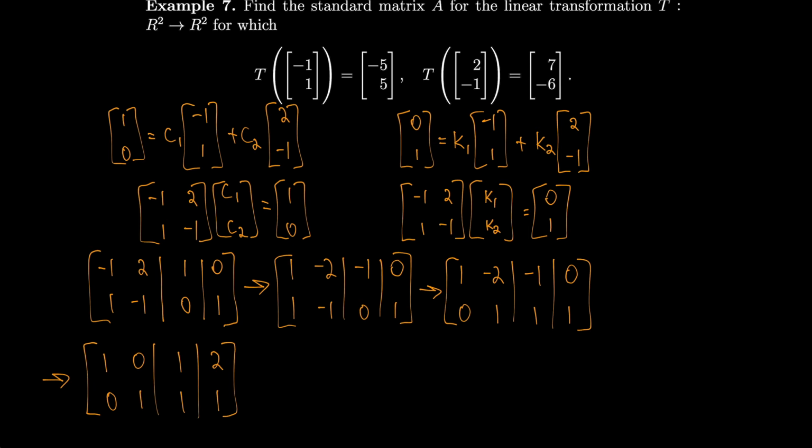So the left is the identity, so it looks like we have C1 equals 1, C2 equals 1. And it looks like we have K1 is 2 and K2 is 1.